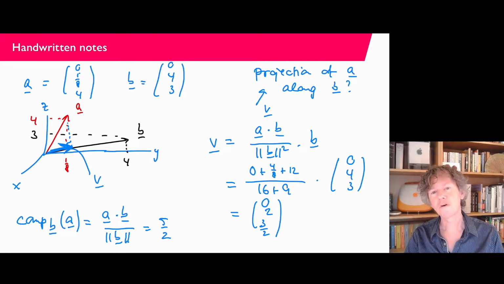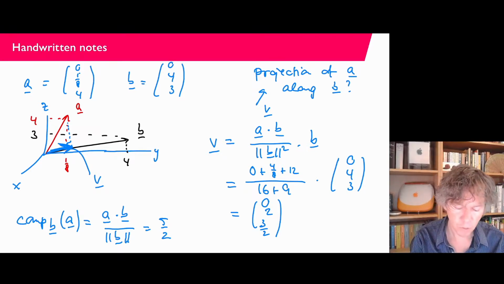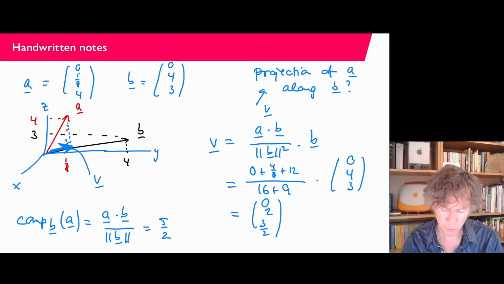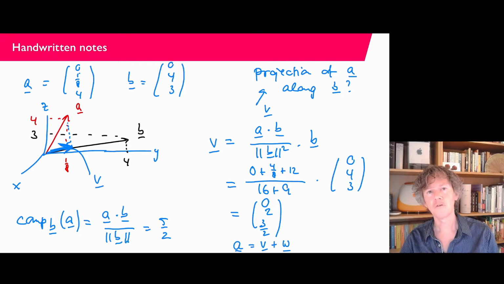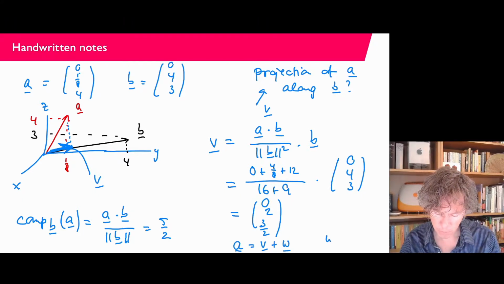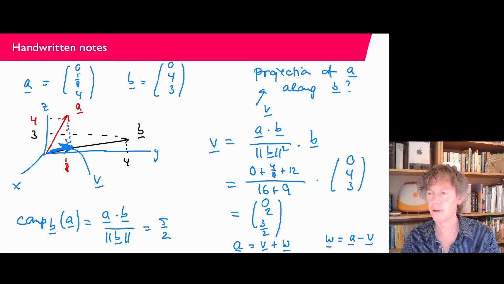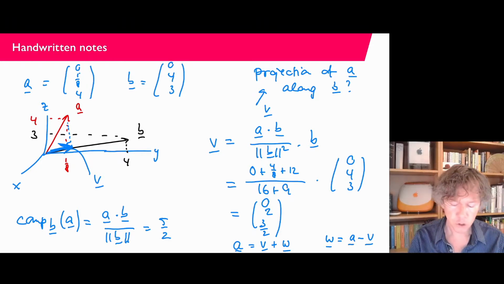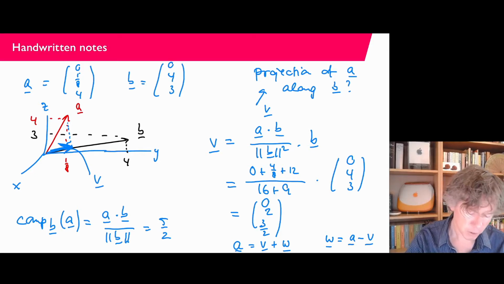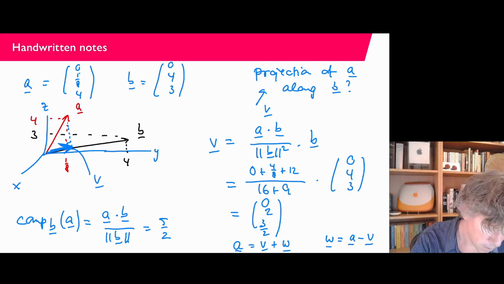Then what you would also find here is if you would now compute, say, a is v plus w. If you compute w as a minus v, and I recommend that you do that on a bit of scratch paper, then what you should find is that w is this vector. I'm also going to make this a little bit thicker to hopefully make it clear.